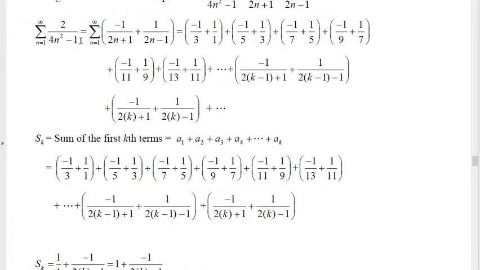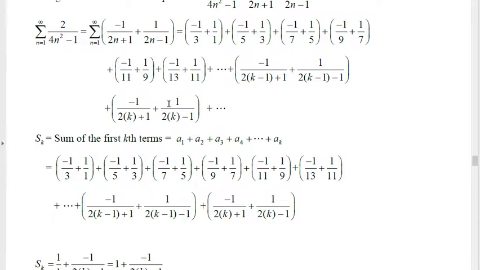So we have just found that this infinite series is the same as the series of negative 1 divided by 2n plus 1 plus 1 divided by 2n minus 1. So here's the first term, the second, the third, the fourth, the fifth, and this is the kth term, and then this is the k minus 1 term.